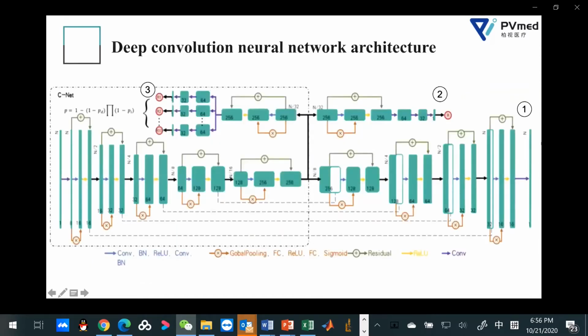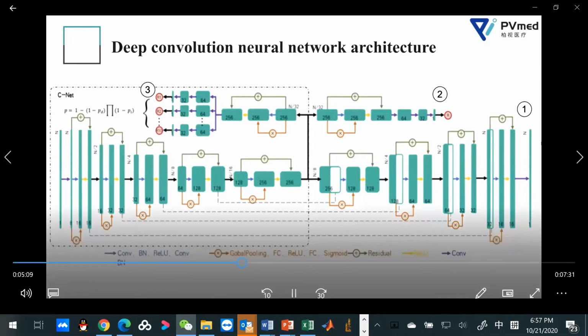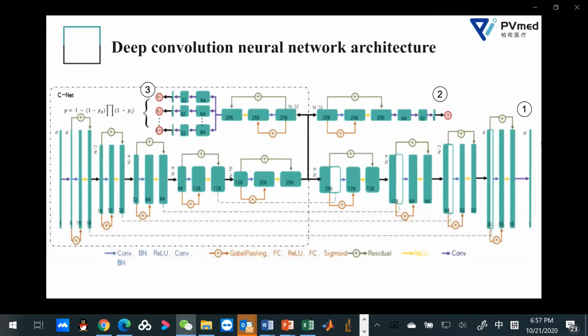This is the architecture of the proposed DCNN. We can see the DCNN is a pyramidal structure of network and includes three decode branches. The first branch is for the lesion detection. The second and third decode branches are for case level and ROI level lesion classification.